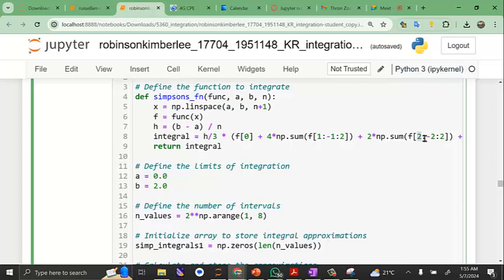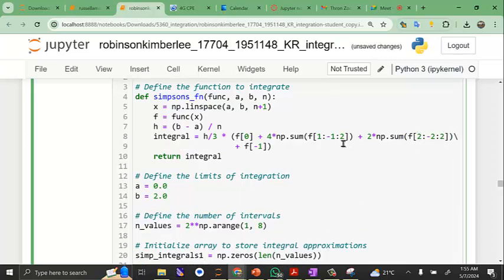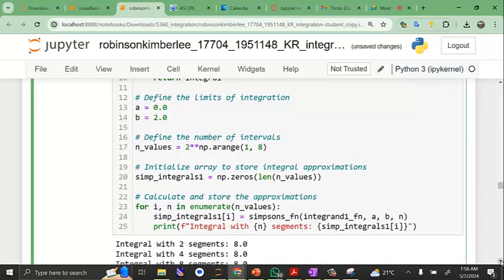And then at the end there, you add the last one here. So this is basically one line change. Everything else is pretty much the same, except here you have to start with 2 intervals instead of 1 interval. One interval doesn't wash with the Simpson rule.